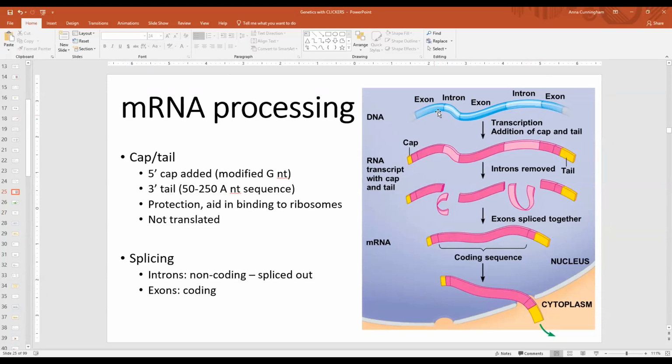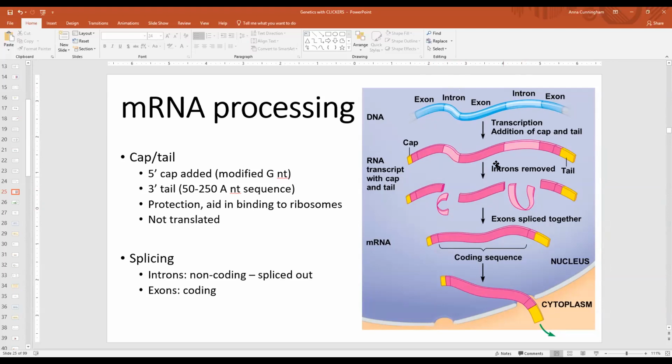The sequences of DNA that contribute directly to protein or the product are going to be the exons or the exonic segments. But there are these little spacers in here called introns or intronic segments, and those have to be cut out because they don't contribute to the protein. So that's called splicing, where you basically just remove introns specifically from mRNA.